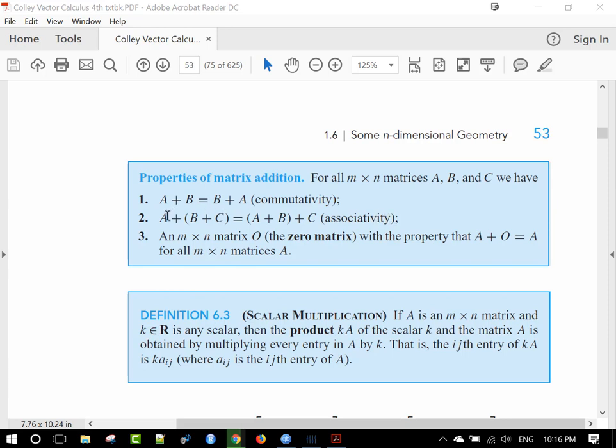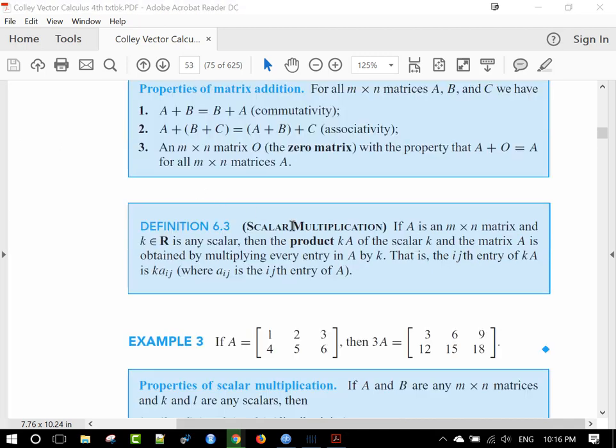Remember, the cross product didn't have this property either, but this matrix addition does. We have the zero matrix, which is the matrix which, when you add it to a matrix A, gives you A back again. And that's going to, of course, be a matrix with all zeros in it.